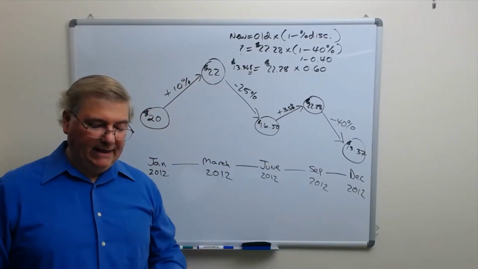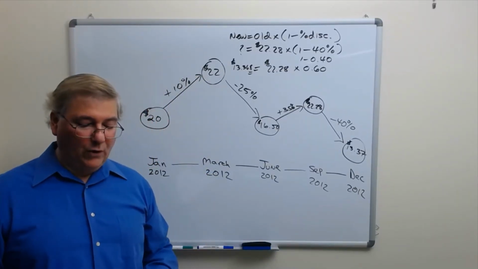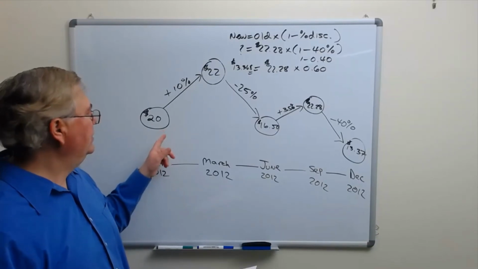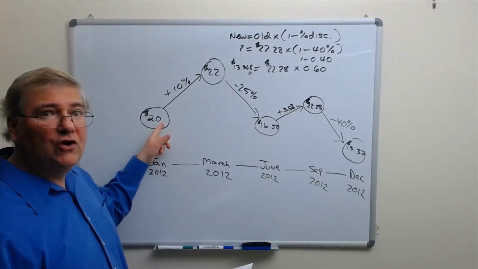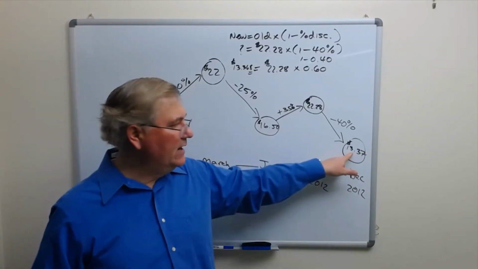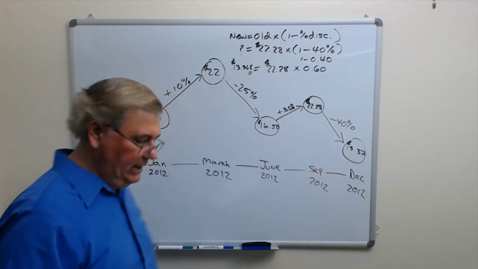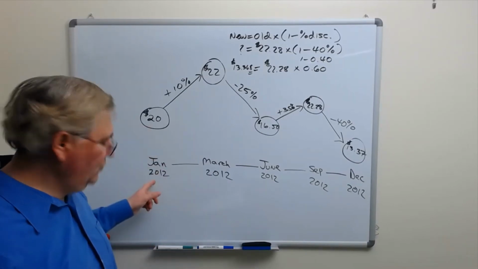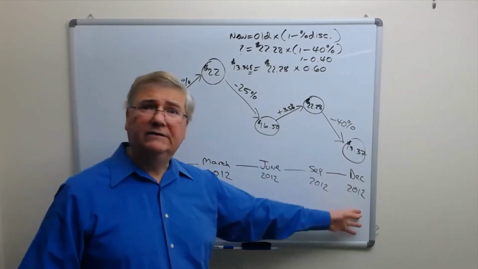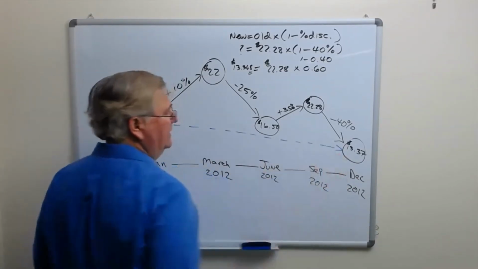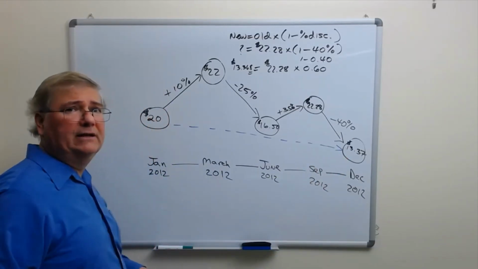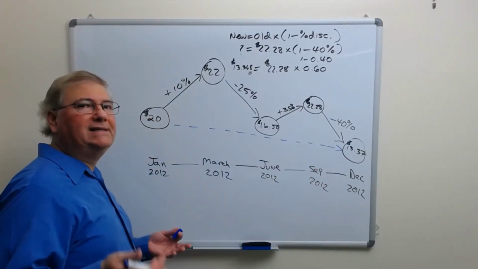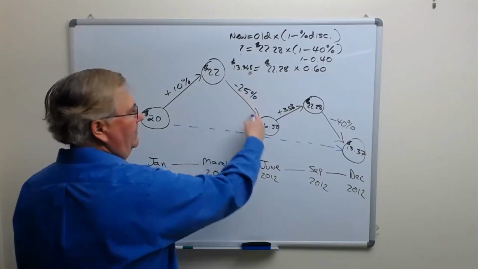Now, question 8B is simply asking, what is the net percentage change from where we started to where we ended up at the end of the year? What is the percentage change in the stock price from the start of 2012 to the end of 2012? The price is indeed dropping, but it's not the discount formula, because the discount formula always gives us the percentage drop.